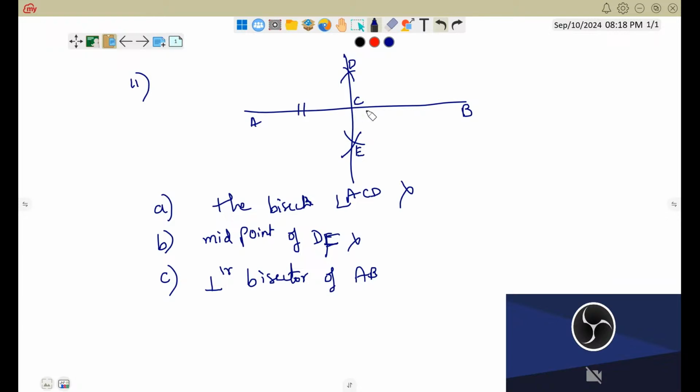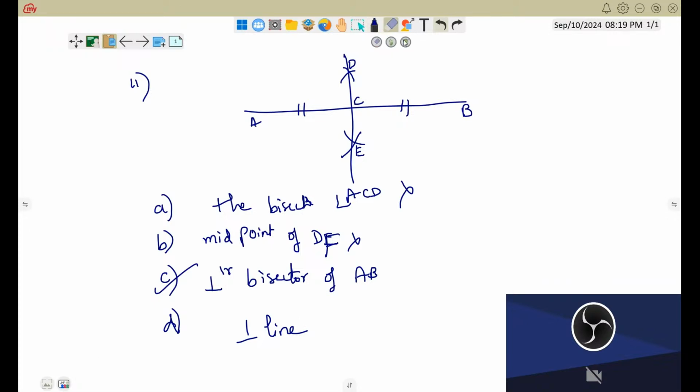So it bisects the AB line into two equal parts. So it is a perpendicular bisector. One more option is given, that is a perpendicular line to AB from point D. So not only a perpendicular line, it is a perpendicular bisector. Understand? So option C is correct.